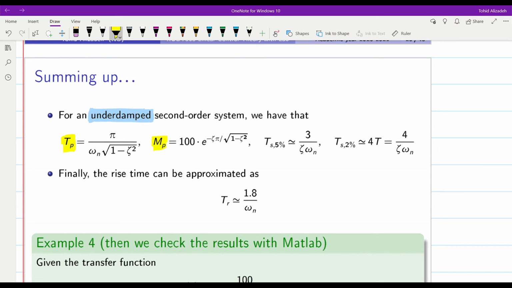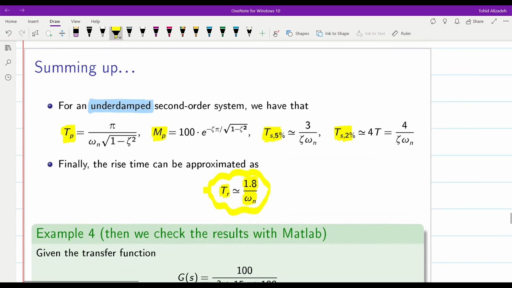We have it for the percent overshoot, 5% settling time, 2% settling time, and we can also approximate the rise time as the expression that is shown here, 1.8 over ω_n. So for now you just keep in mind that rise time is given in the form of 1.8 over ω_n. If you want, we can show how this is obtained, but for the purpose of this course, for now it's enough to have this expression.